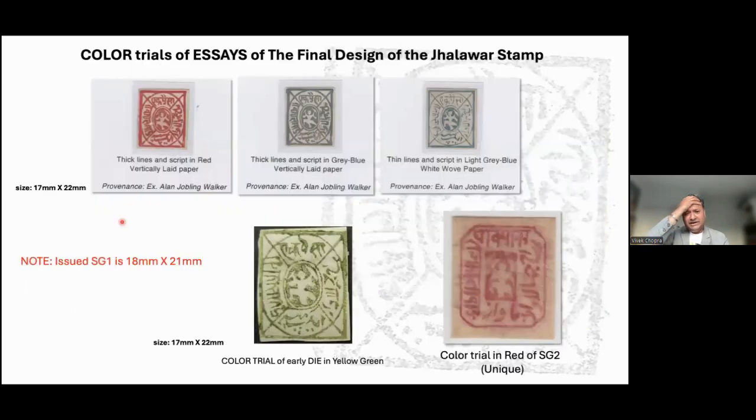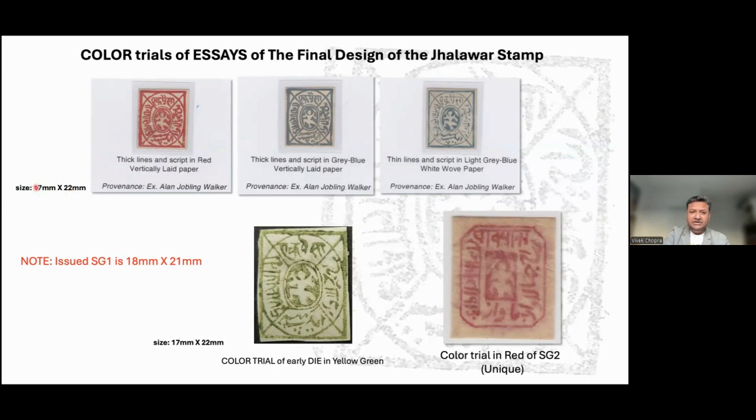And I've also acquired a bunch of color trials, you can see here, of these early designs, where now it actually becomes more like the issued design, where you see the Hindi Raj Jhalawar on the left, and the Persian Raj Jhalawar on the right, right? And these are still smaller than the final design.